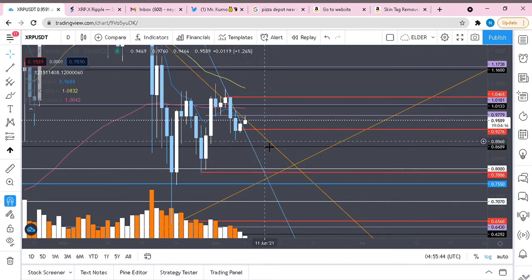So why 84 cents? It comes down here, gets stopped out on the trend line, and then it has to travel on the outside of this trend line, and then it drops down to this level.